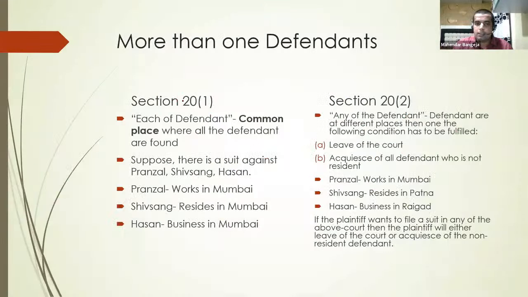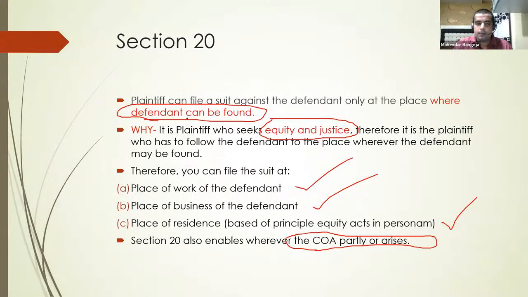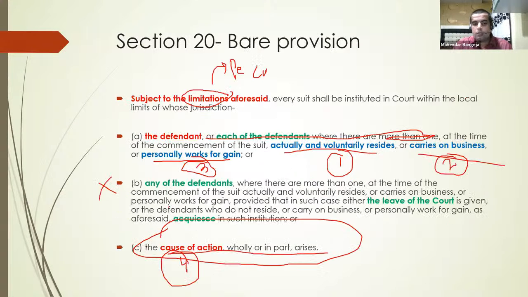Now, section 20 का C clause पढ़िए आप. C clause says that the cause of action wholly or partly arises. That is the reason I told you that these 4 places will have jurisdiction. Is it clear?